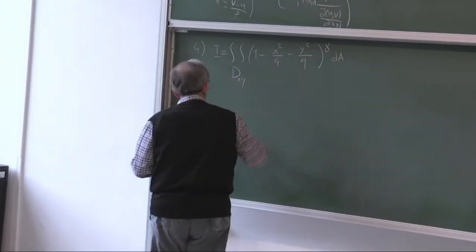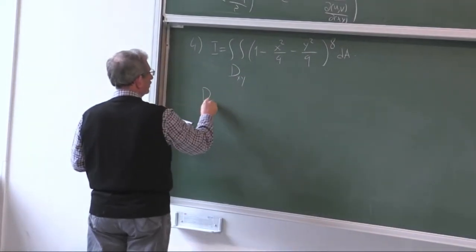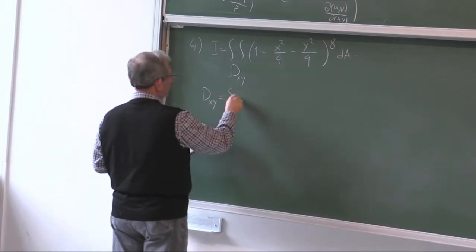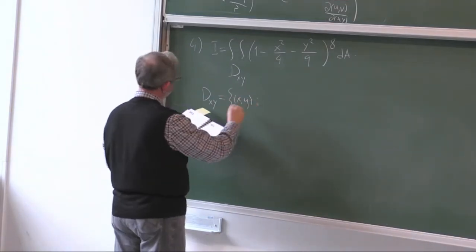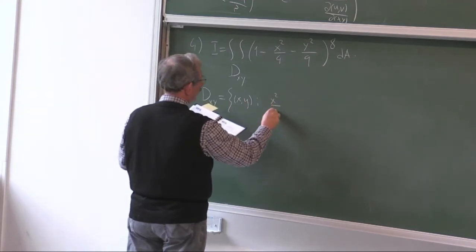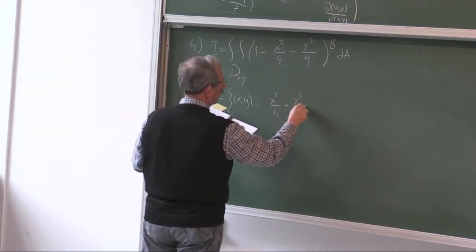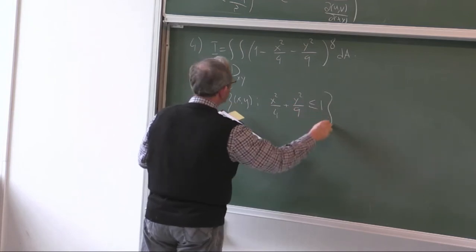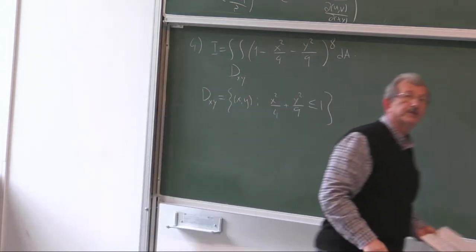This is in Cartesian, of course, and D_xy is the region which is the xy's such that x squared over 4 plus y squared over 9 is less than or equal to 1. So it is the inside of the ellipse.